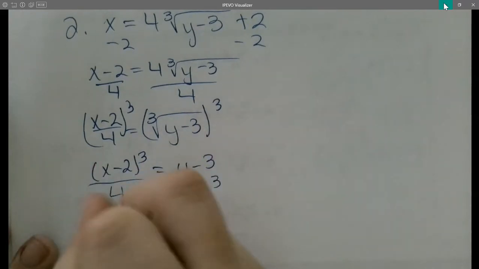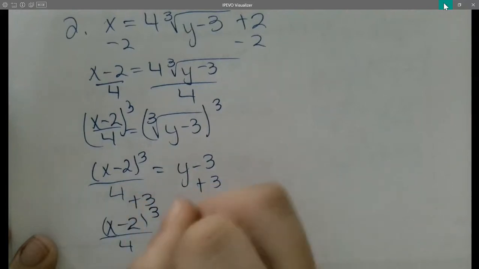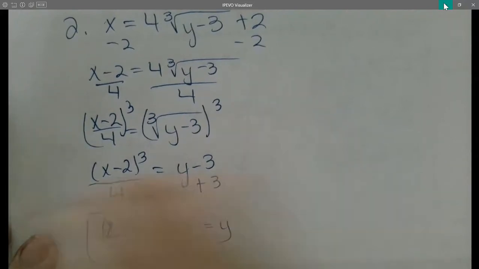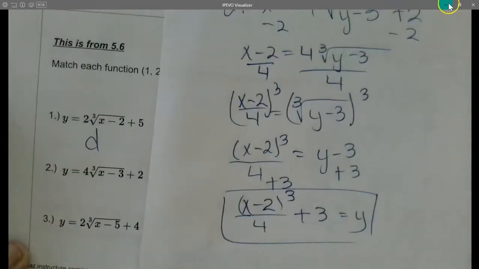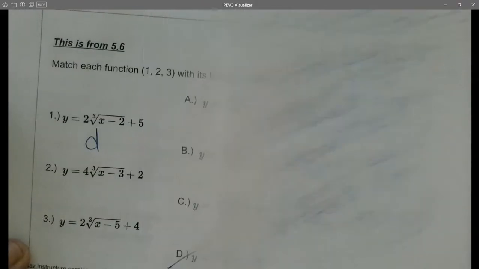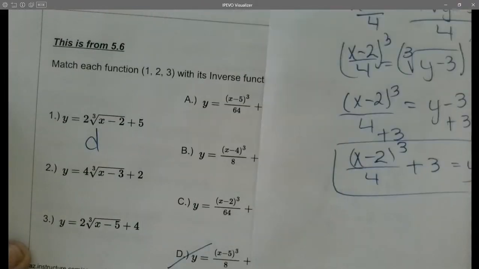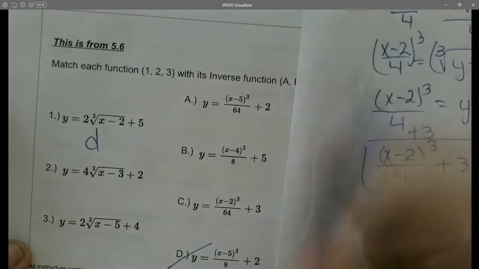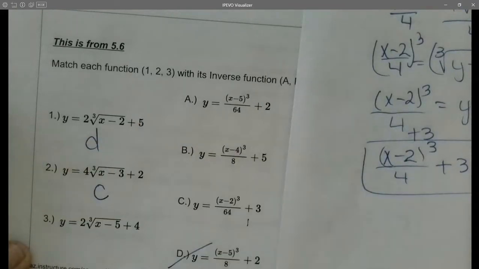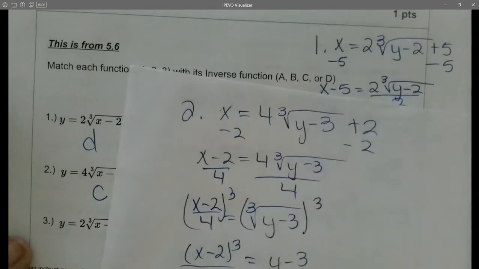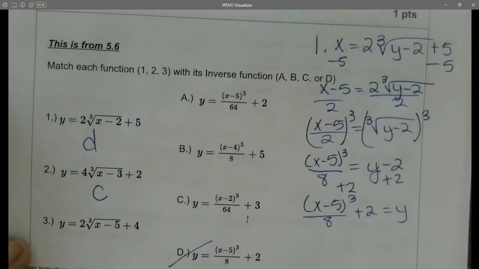So I get x minus 2 cubed over 4 plus 3 equals y. So if I take a look, this is minus 2 plus 3, this is C. Then I want to do the same thing for 3.